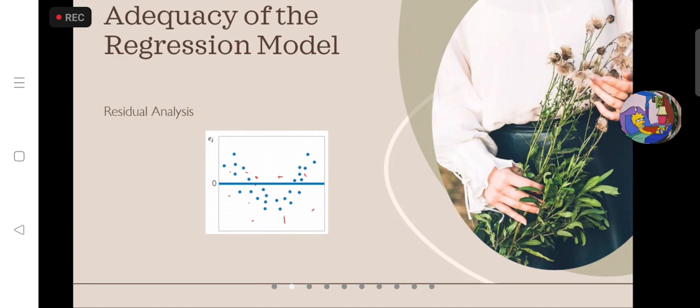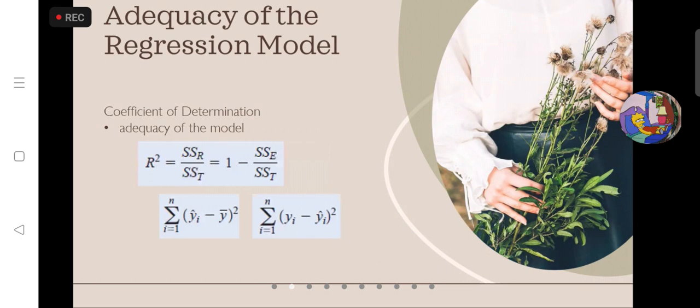So how do we identify the adequacy of our regression model? We will use the coefficient of determination. So we can say that our regression model is adequate or accurate using the coefficient of determination.